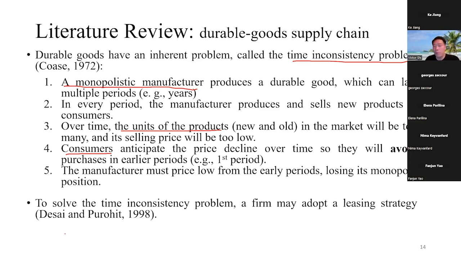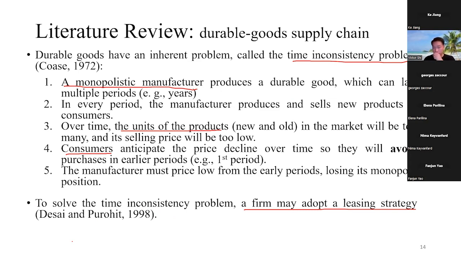And there has been lots of research done to address this problem. One very good solution, both in theory and in practice, is for the firm to adopt a leasing strategy. If a firm only does leasing, maybe the leasing term is 2 years.